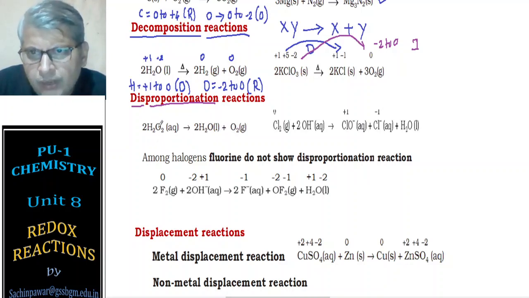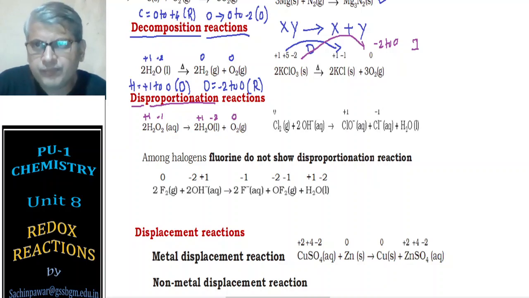Here H2O2, hydrogen peroxide, is a peroxide, therefore oxygen is -1 and hydrogen is +1. You can calculate. In H2O, oxygen is -2 and hydrogen is +1, and oxygen gas is in the elemental state, it is 0. If you see it carefully, hydrogen stays +1.